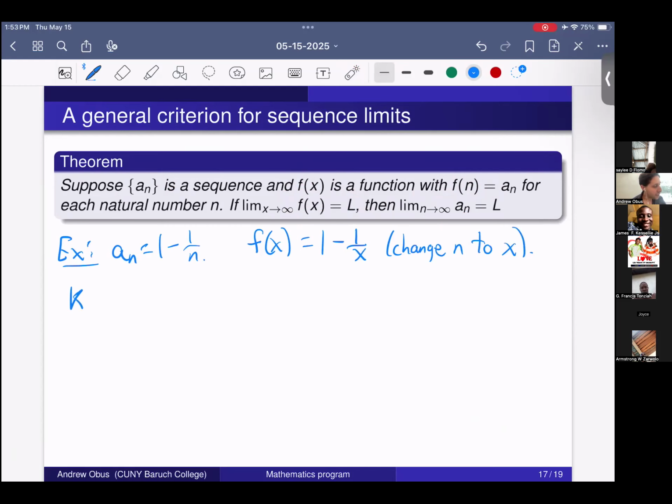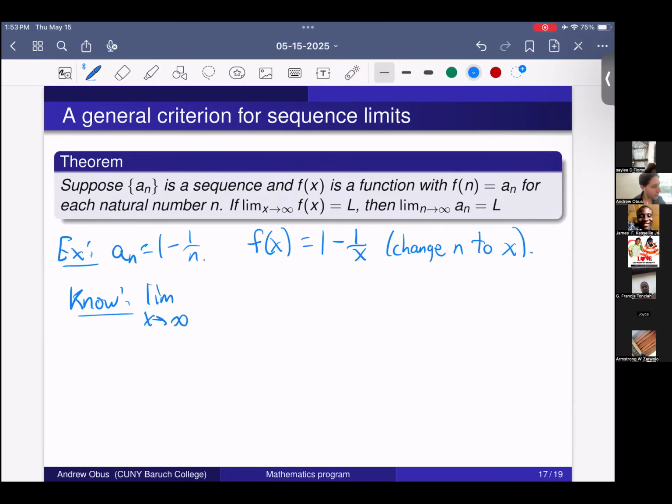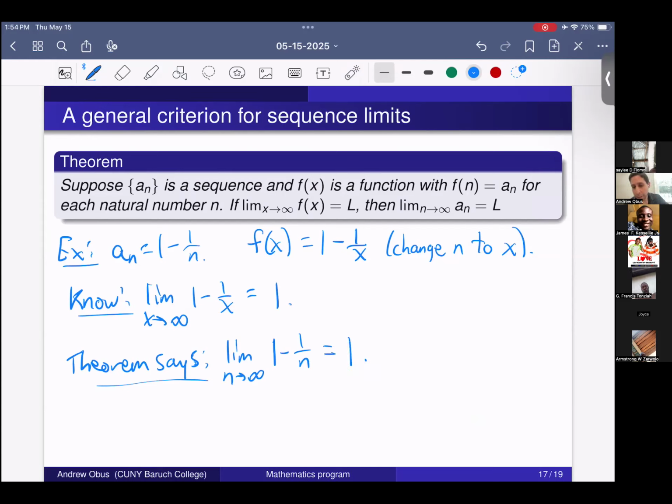Okay? And now, since we know that the limit as x goes to infinity of 1 minus 1 over x is equal to 1, the theorem then says that the limit as n goes to infinity of 1 minus 1 over n is also equal to 1.